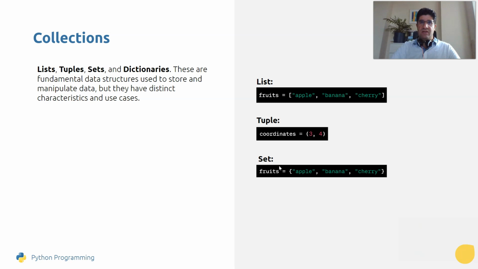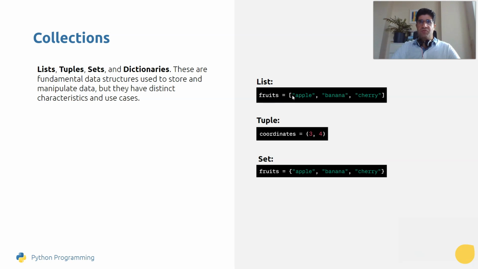To declare a set, we need to use curly brackets. If we put the values and separate them with a comma inside the curly brackets, in fact, we are creating a set. So in this case, I try to show you the same thing.